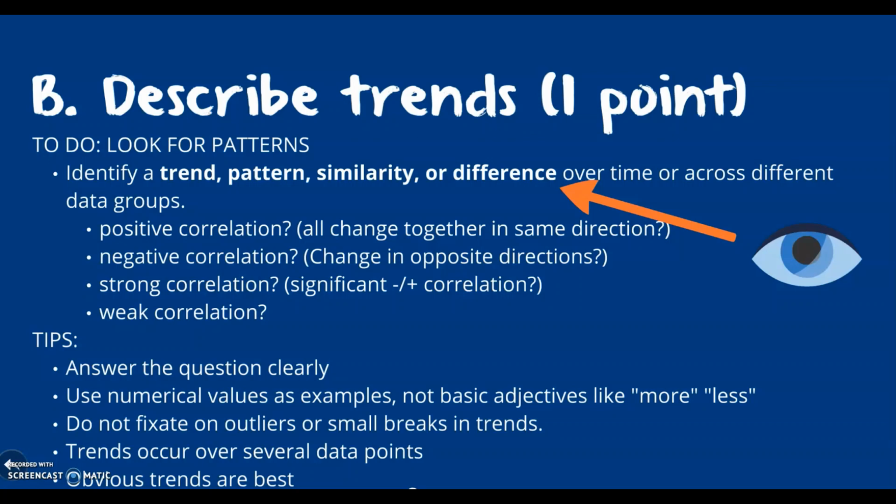Definitely ATQ, always, right? Restate the question, proceed on, give an answer, period. Use numerical values as examples, not basic adjectives like more or less. Don't fixate on outliers or small breaks in trends. Look for trends that happen over several or all data points, and obvious trends are the best. Don't get cutesy.